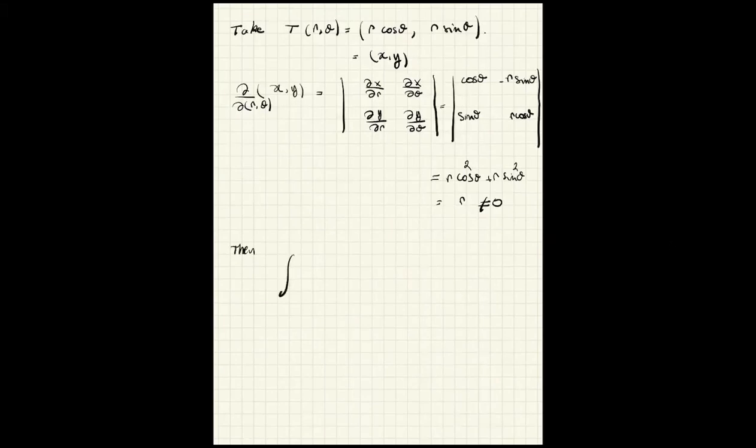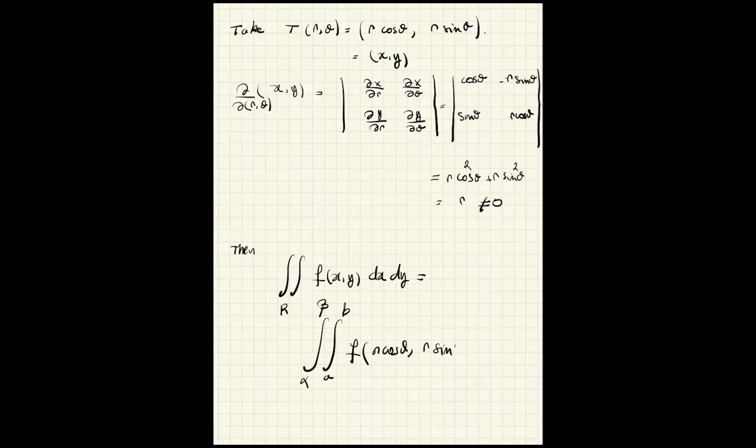Once you do that, then the integral over R of any function f(x, y) dx dy, by the theorem, is the integral from a to b, from alpha to beta of f of r cos theta, r sine theta, now we have to make sure it's the absolute value of the Jacobian, times dr d theta.